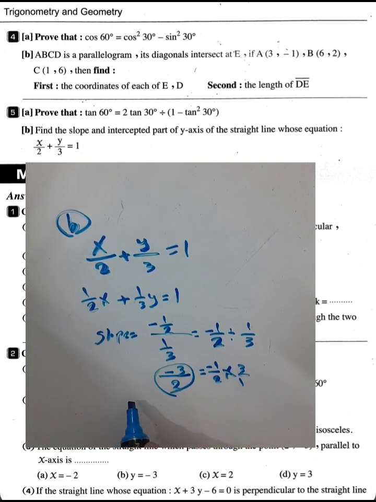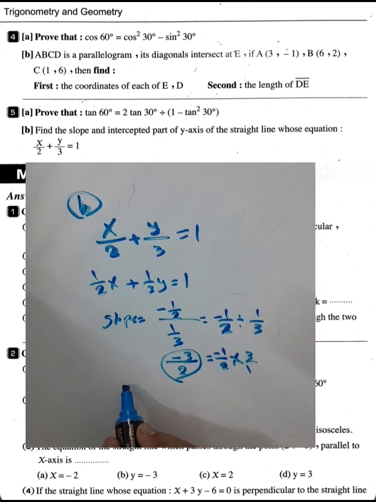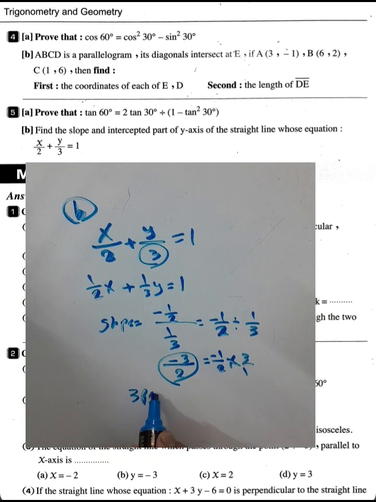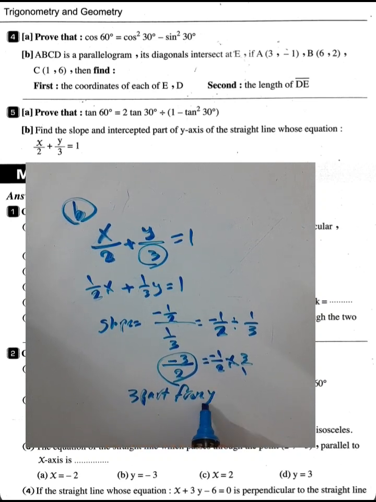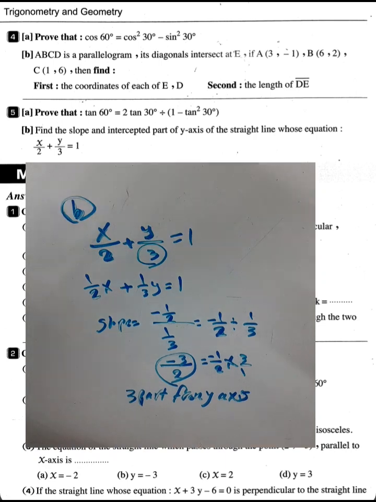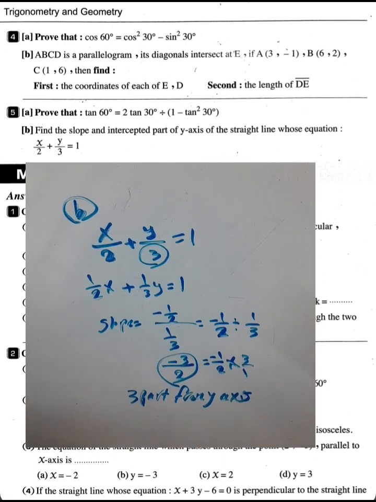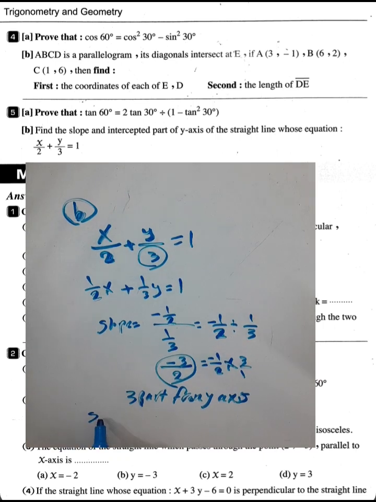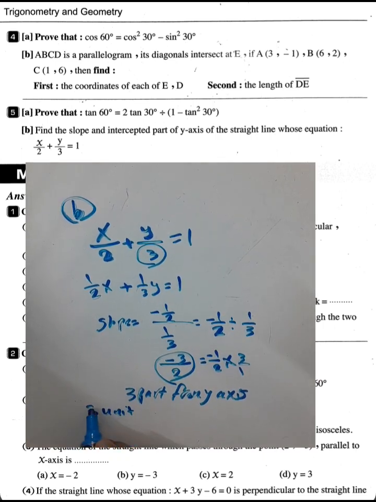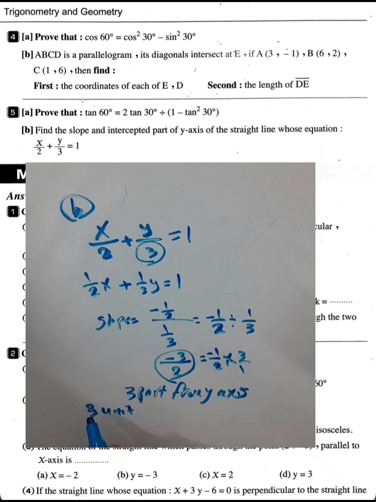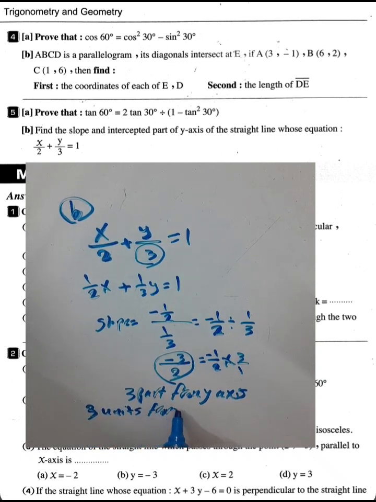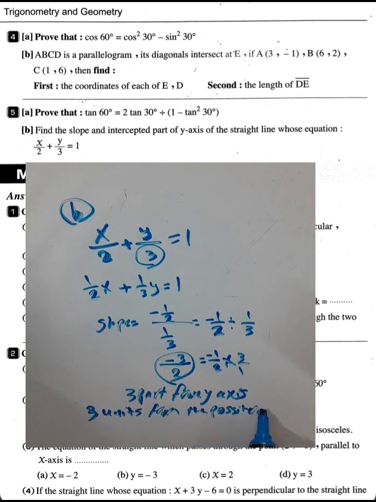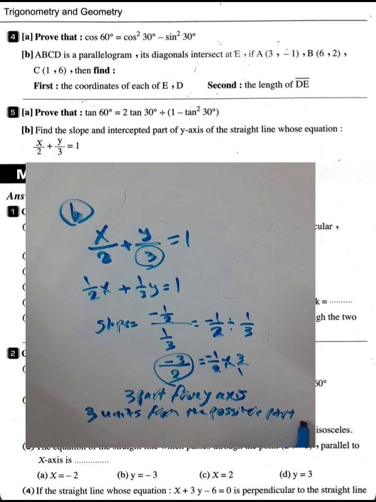This is the slope. And the intercepted part of the y-axis is 3 units from the positive part.